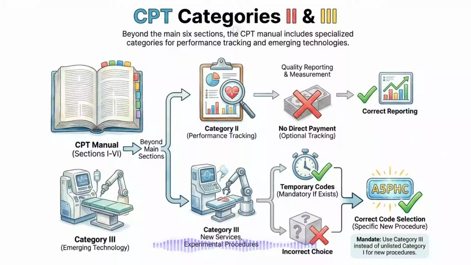Beyond the main 6 sections, the CPT manual also contains Category 2 and Category 3 codes, which serve entirely different purposes. Category 2 codes are optional, alphanumeric tracking codes used for performance measurement and quality reporting, and they never generate any direct financial payment.